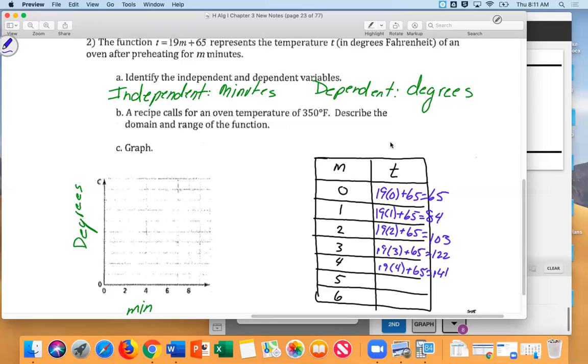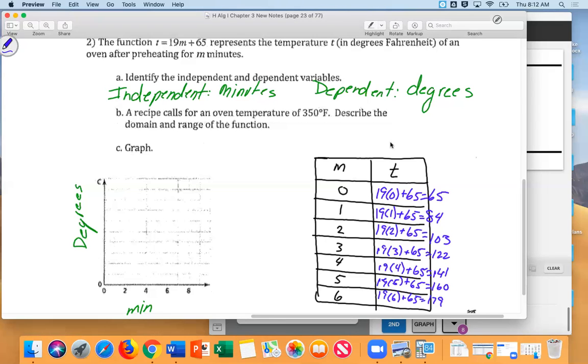Am I right? Am I doing good so far? 19 times 5 plus 65, that's going to be 160. 19 times 6 plus 65, that equals 179.